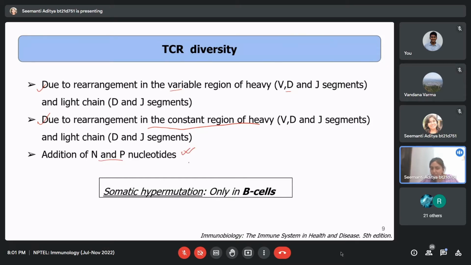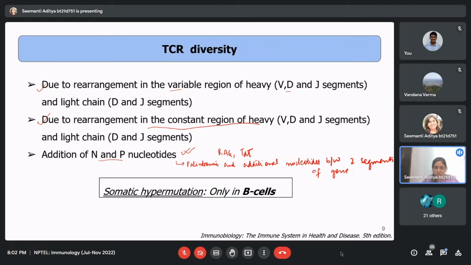NNP nucleotides are what take place when you are recombining with the RAG protein and TdT enzyme, etc., which add palindromic and additional nucleotides between two segments of your gene.